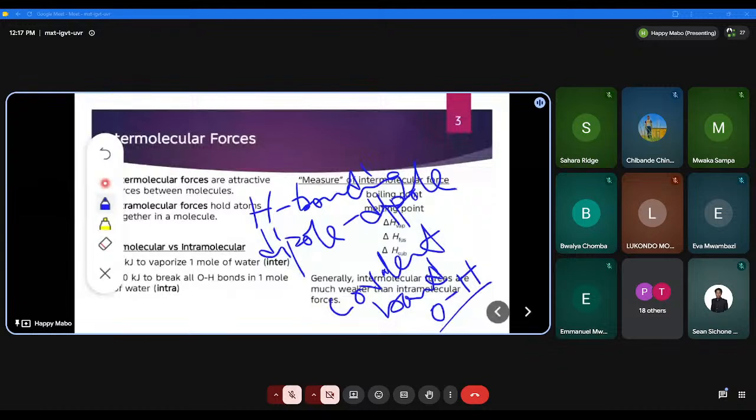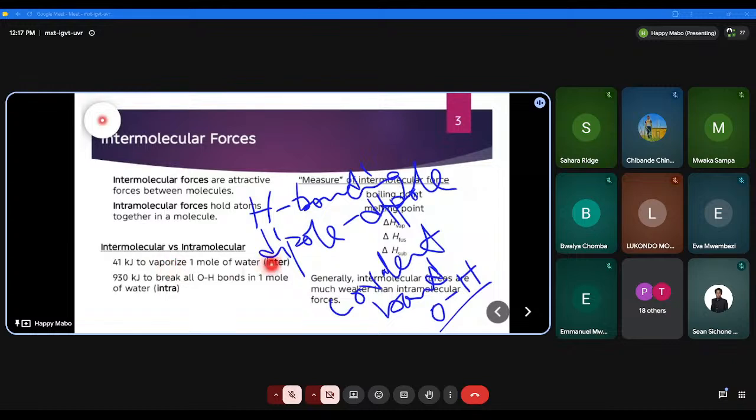But how strong are these forces that we are talking about? When you look at this part of the slide, you've got a comparison between the two of them. For water molecules, to separate the individual molecules of water, one from the other, you might need energy equal to 41 kilojoules.